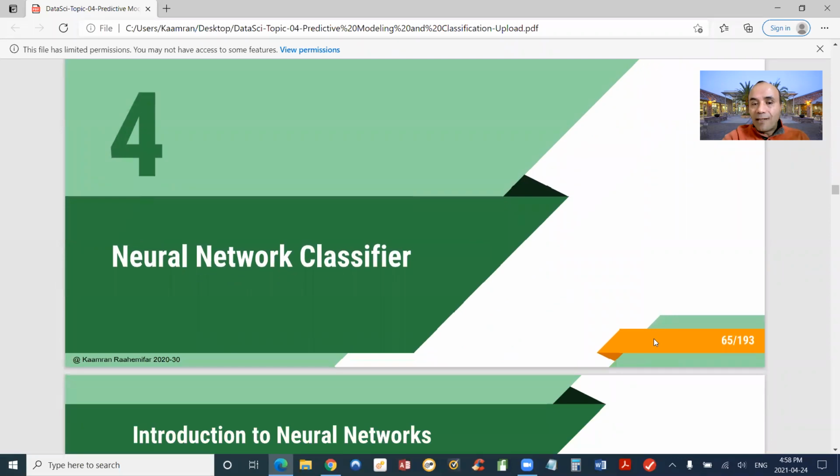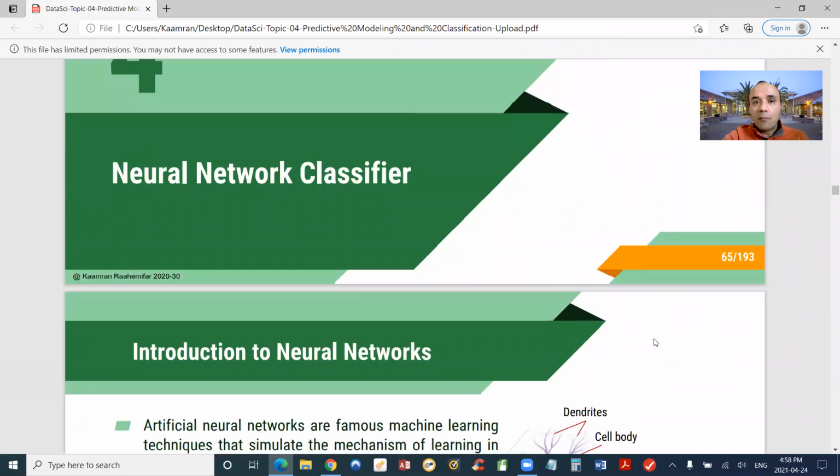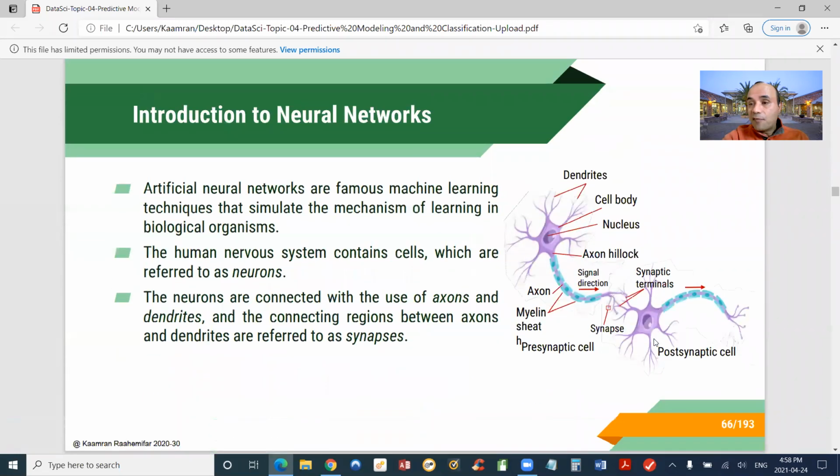So, neural network classifier, part 4 of session 7, on predictive modeling and classification. As you have seen in the previous recording, we have different parts of the neurological system that work together.